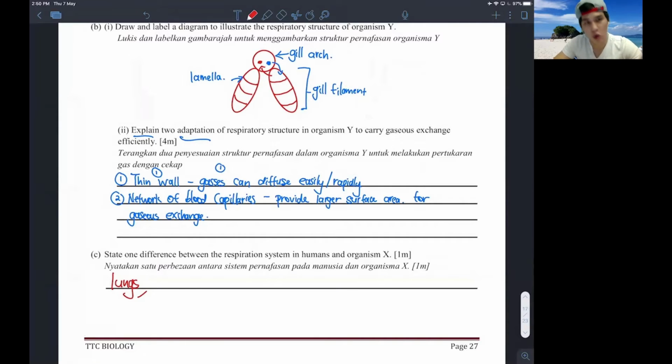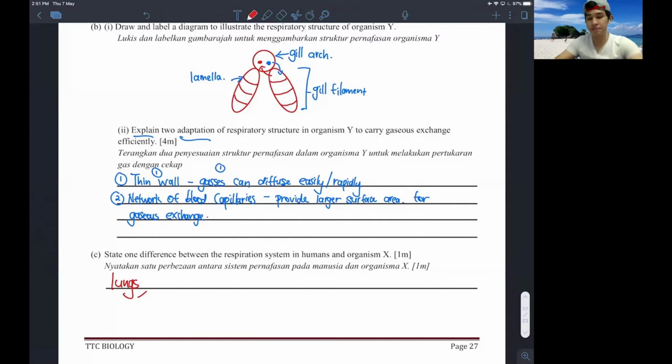So let's try to compare the lungs of these 2 animals, human and frog. Can I remember? Know the difference or not? Who managed to figure out what's the difference between the lungs in human and the lungs in frogs?